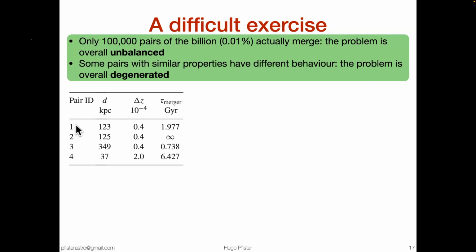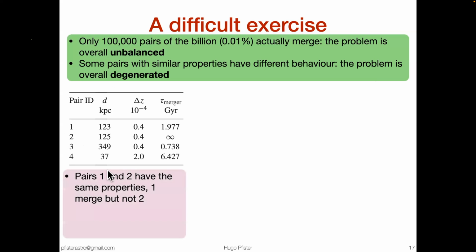So for instance, here I'm showing different pairs. You can look at pairs 1 and 2, and you see that they happen to have the same projected distance in the sky. They happen to have the same redshift difference, but one of them is merging in 2 gigayears, and the other one never merges. Even though they have the same properties, they have a different fate.